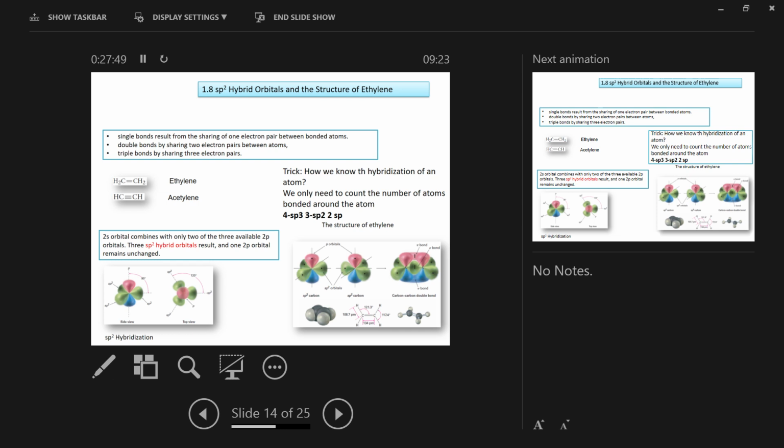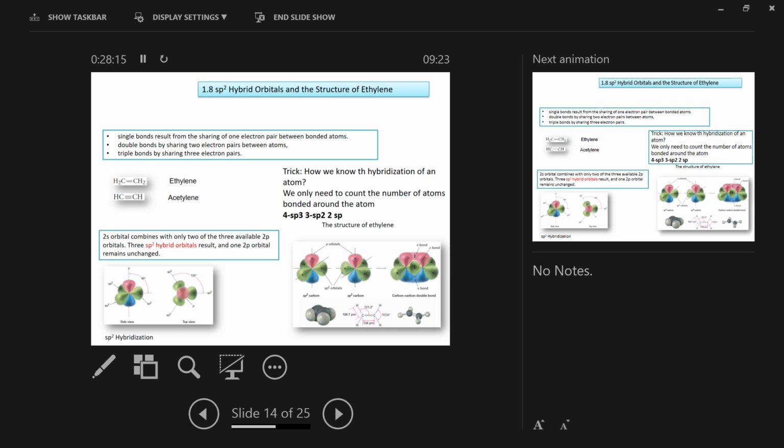Then, what is the structure? We know that the tetrahedron has around 109 degrees. Okay, this is the angle between two substituents in the tetrahedron. What is the angle in the case of sp2? In the case of sp2 hybridization, all 3 bonds are in the same plane, for example, in the plane of the slide.